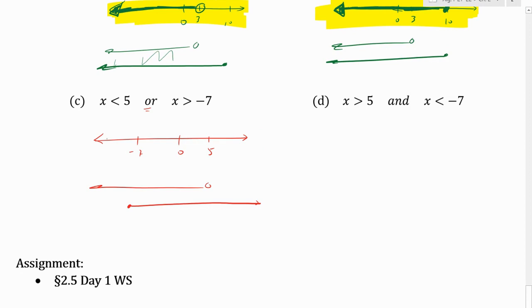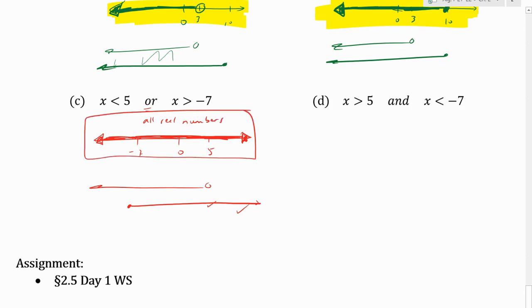All right, well, all these numbers work because they're definitely less than 5. -7's in both of them. All the stuff between -7, 5's in both of them. 5's in this one. The stuff bigger than 5's there. Okay, there's not a single number in the world that that's not true for. So we're talking all real numbers. Like every single real number there is makes that true.